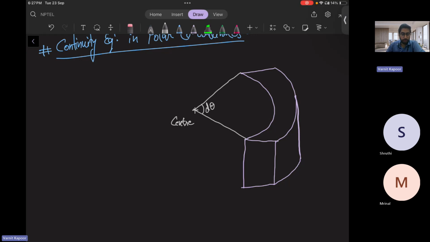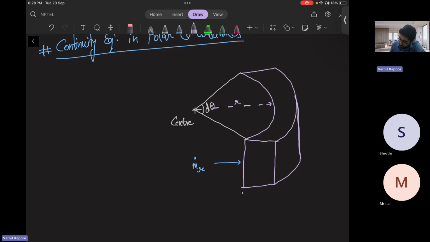So mass enters in the radial direction. This is your radial direction, which has a radius r. Suppose through here is the mass flow rate in the r direction.